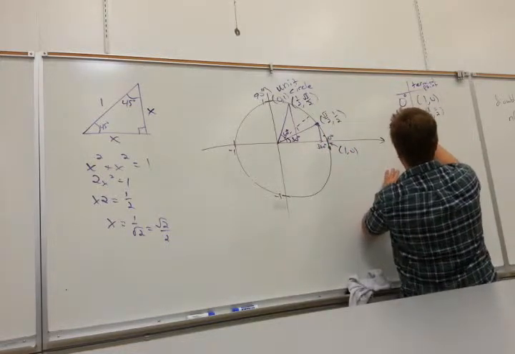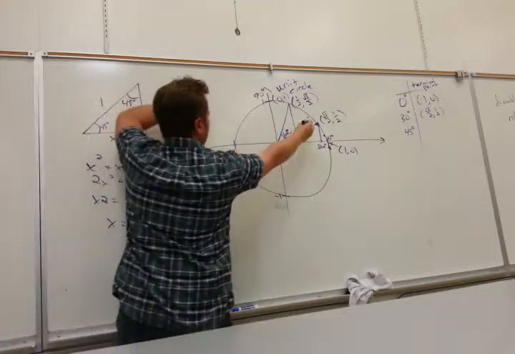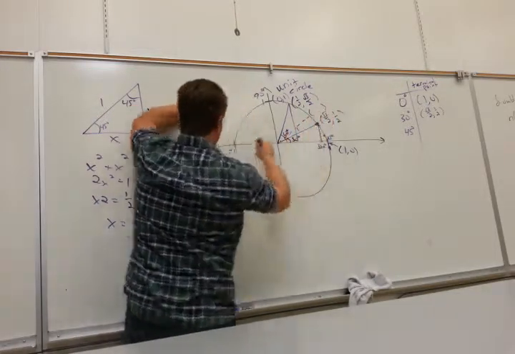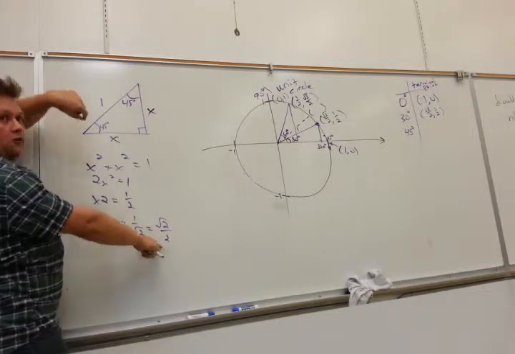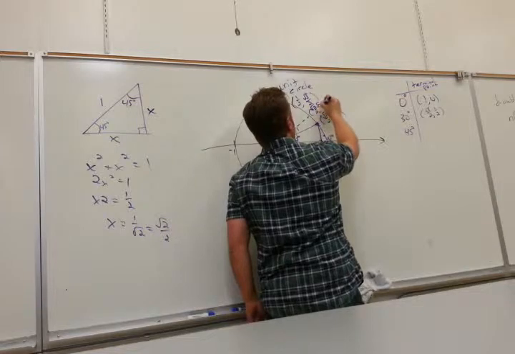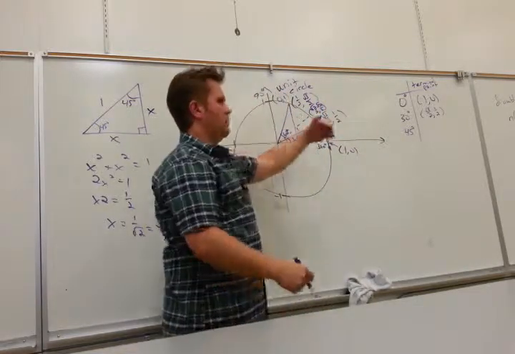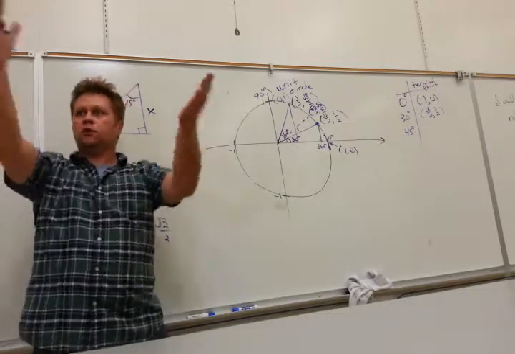At 45 degrees, what does this actually tell me? What's the point at 45 degrees? X, Y, they're just both the same, aren't they? Root 2 over 2, root 2 over 2. Which makes sense. Halfway through turning, my X should have decreased by the same amount that my Y increased. That's the place where they should both be the same.